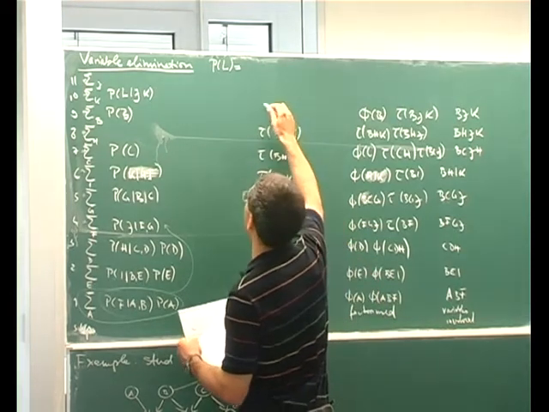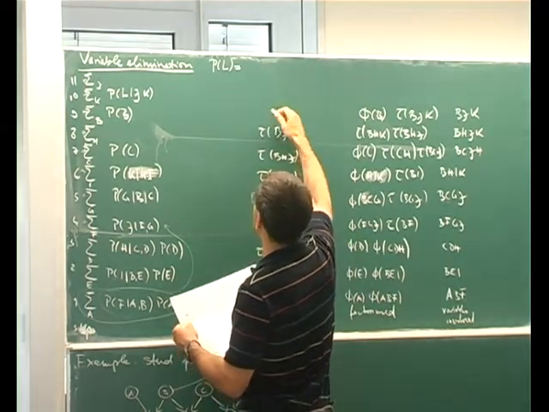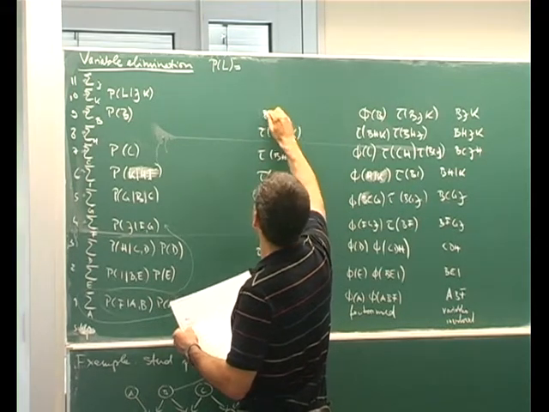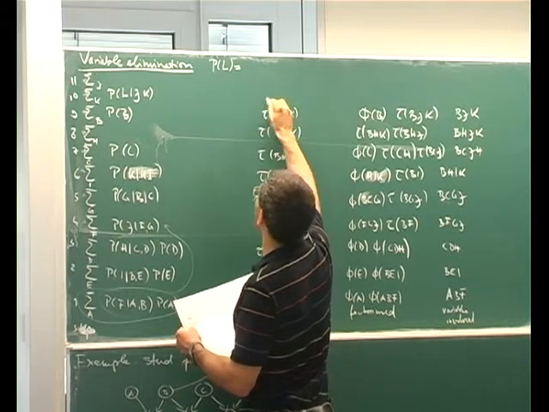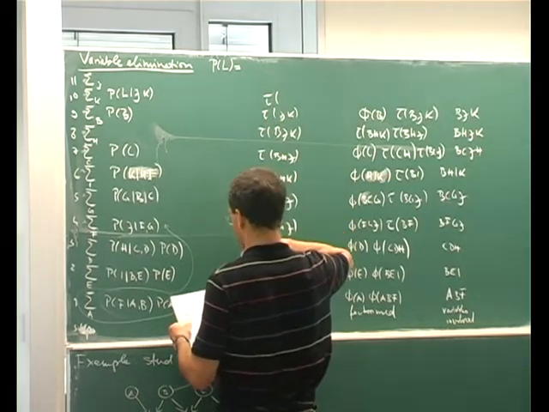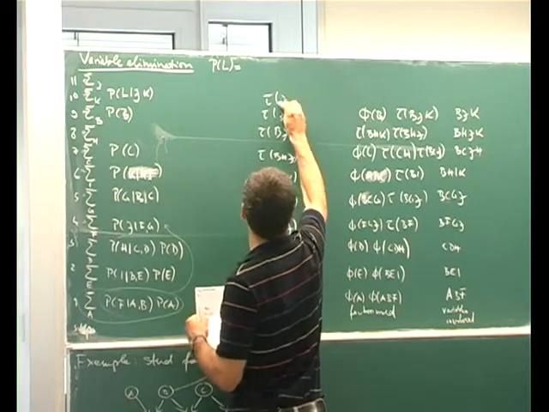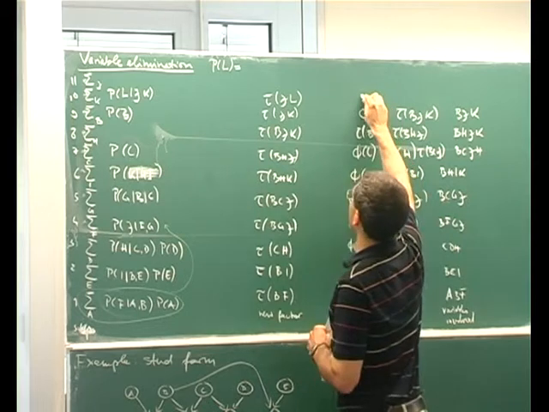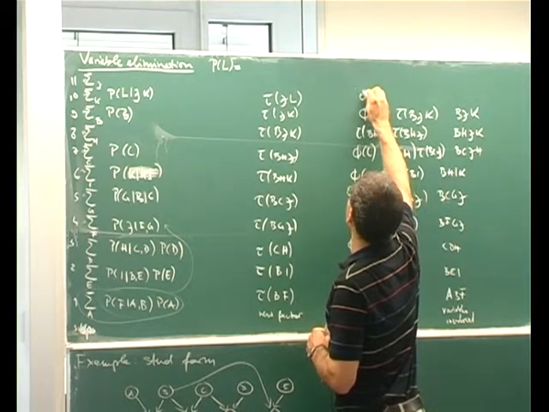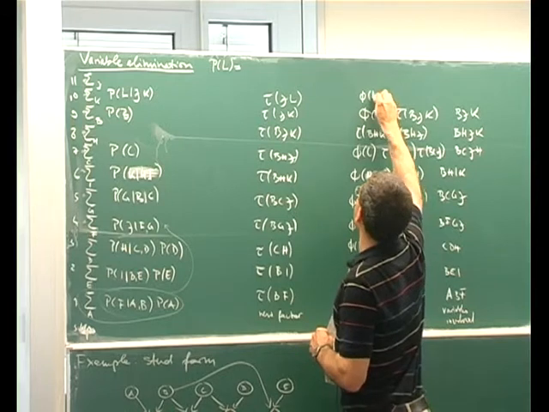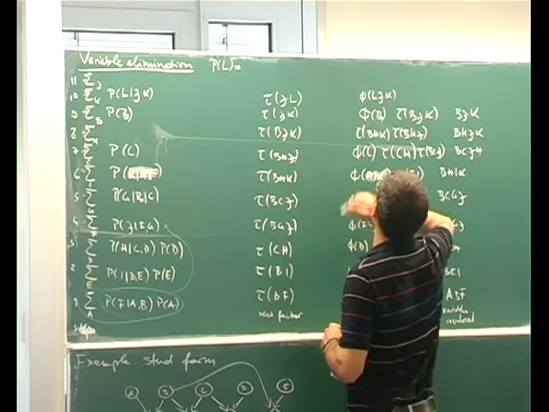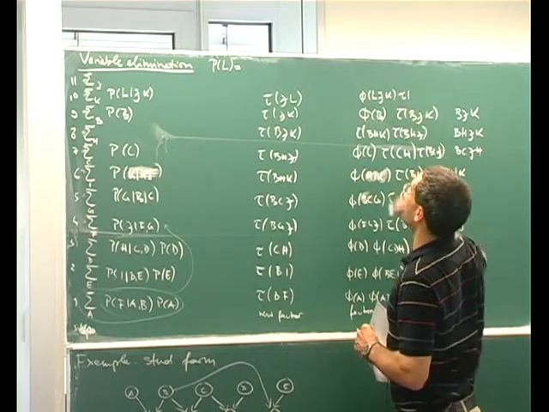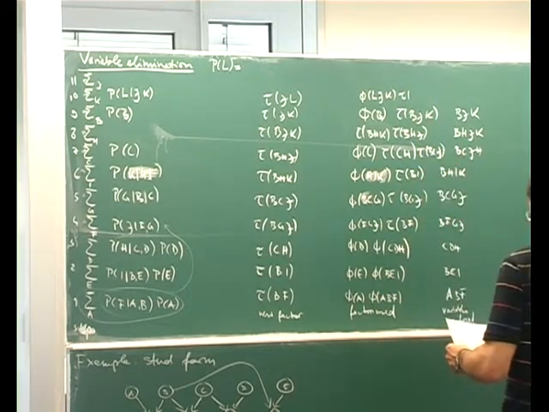Which gives us a new factor. Factors used are LJK and then tau JK.